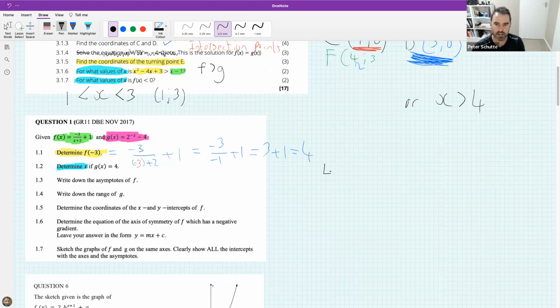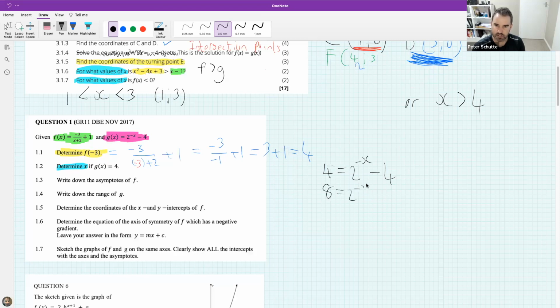It feels to me like I'll make the y 4, and now I have to solve this equation, because it was to do with g, and that was the equation of g. When is it equal to 4? And now find the x. This is an exponential equation, and to solve it, like any equation, you move everything to one side.